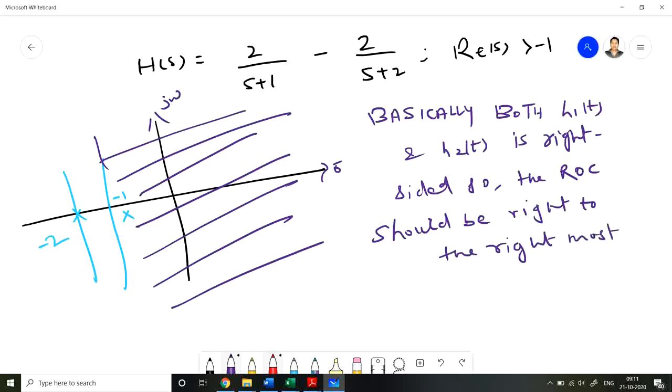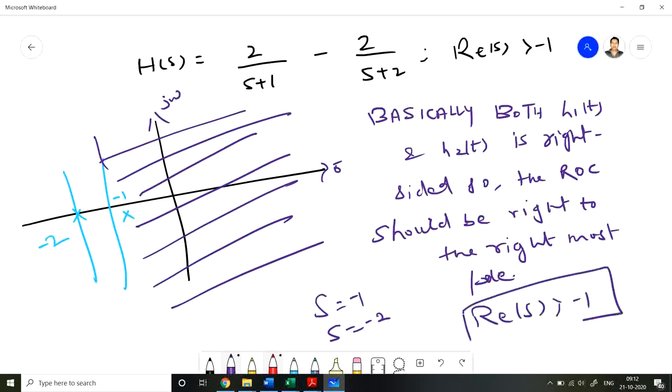The poles are s equals minus 1 and s equals minus 2, so the rightmost pole is minus 1. So the ROC is real part of s greater than minus 1.